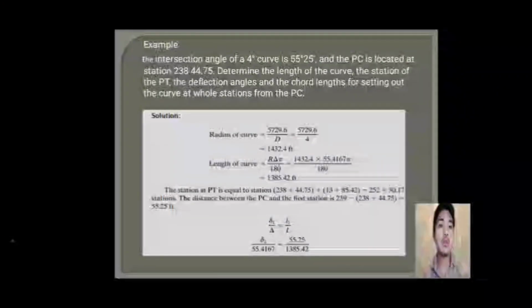Then next is D over intersection angle of a 4-degree curve equals intersection angle over length of curve. Then substituting the given, therefore we will have 2.210 degrees. Then our C1 equals 2 times radius of curve 1432.4 sin 2.210 over 2, we will get 55.25 feet.